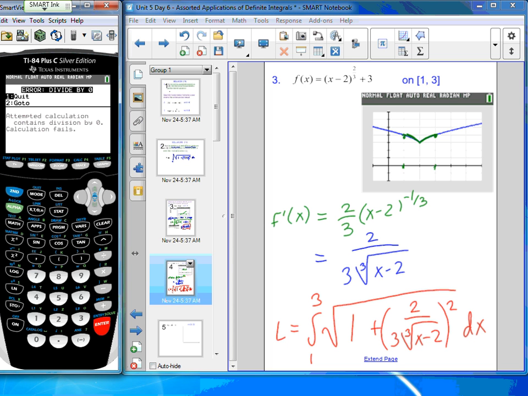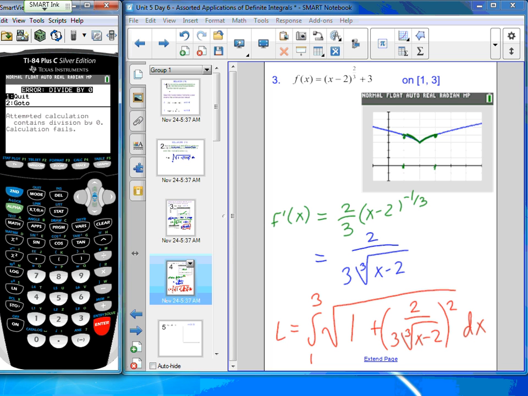Horizontal tangents at that cusp point. Do those cause a problem in our derivative? No, they equal 0. And so this is a nice tool, right? If I had a problem with differentiability because of vertical tangents, I could try to rewrite x as a function of y, and that inverse will create horizontal tangents at my problem of concern, which are differentiable. And now I would have no problem.